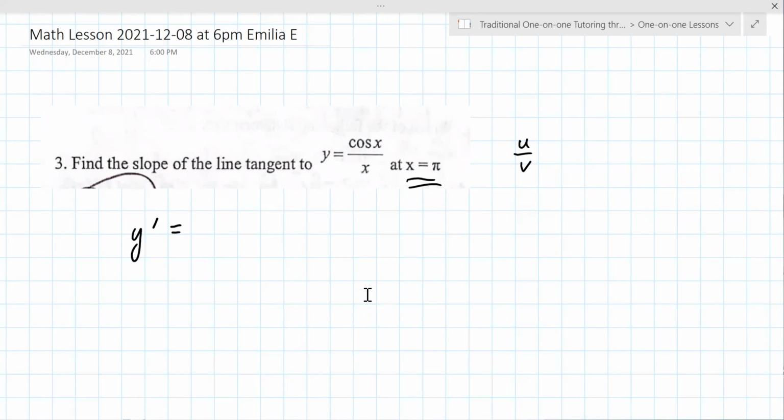Wait, do you mean quotient rule? Sorry, yes, quotient rule. I have no idea what I said.